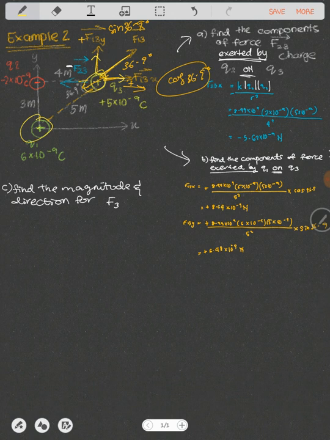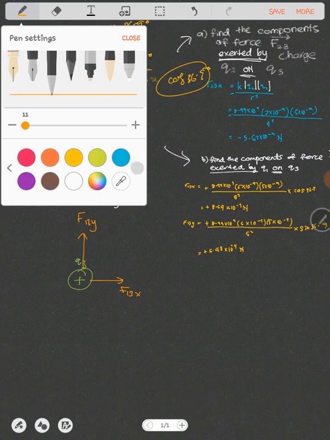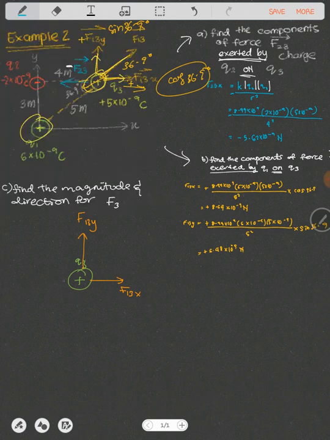Okay, so we redraw here to be really clear. Okay, this is positive charge number 3. Okay, Q13. And then there is an X component here, which is F13X. We rewrite everything. It has F13Y here. And then because of charge number 2, it will also be attracted this way, F23.